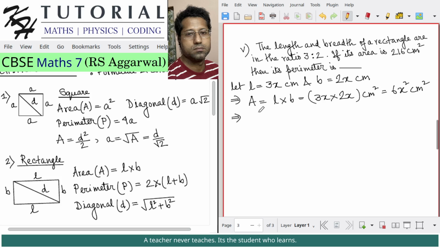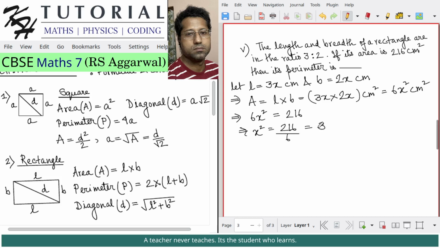So we must have 6x square is equal to 216 centimeter square. So x square will be equal to 216 by 6.